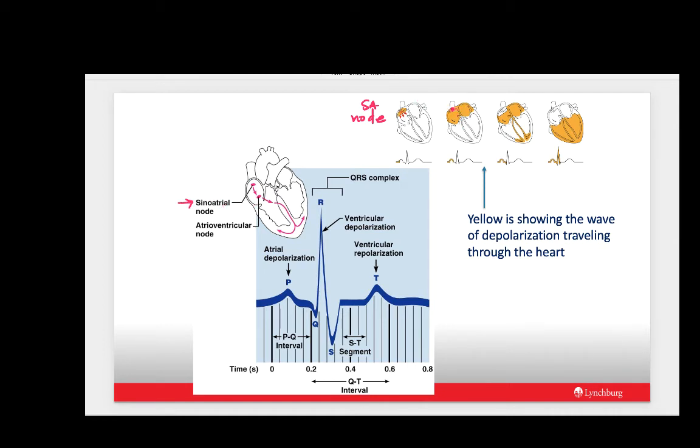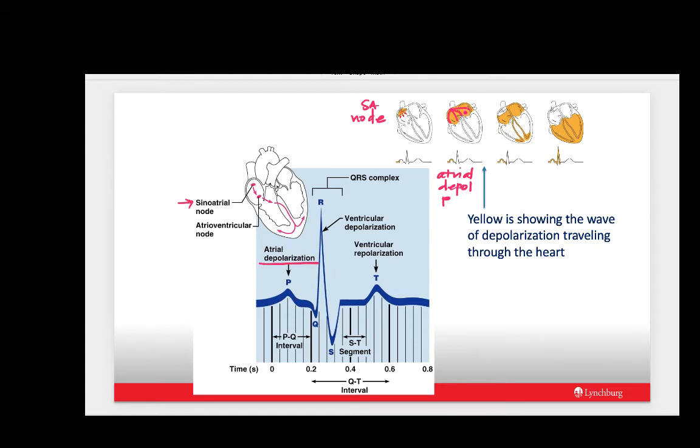It's basically going to spread from the sinoatrial node throughout the atria. So we have atrial depolarization, and that's what is indicated on the tracing by the P wave. That's what we see here. So that's going to generate this deflection in the ECG called the P wave.